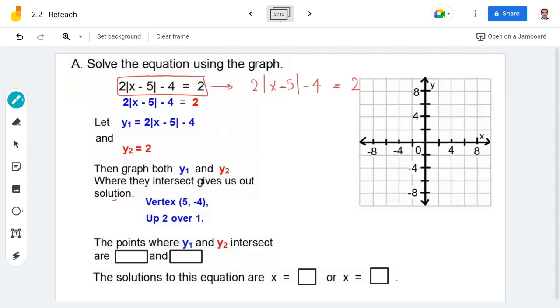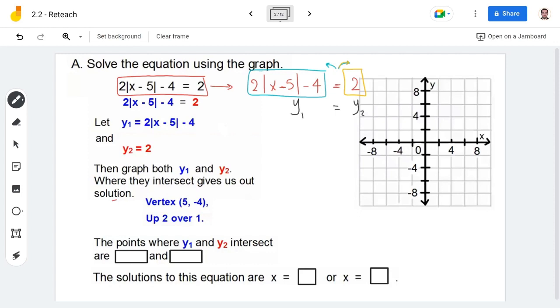To find the answer, imagine that we have the equal sign, with a left side and a right side. So we have two different sides for the equation. Let's imagine that the left side is just a function alone and the second side is another function alone. That means we have two functions. Can we give a name for each function? Let's say y1 is equal to this function, y2 is equal to this function.